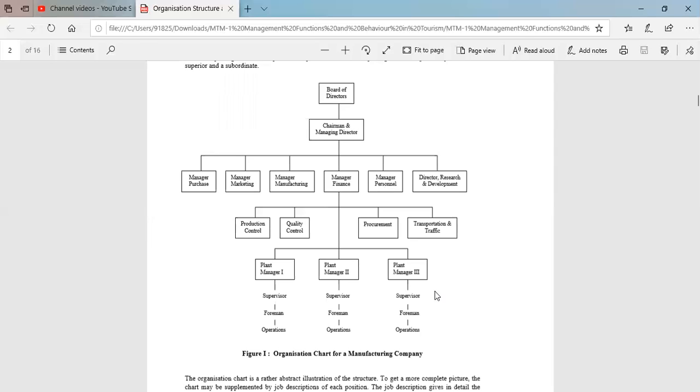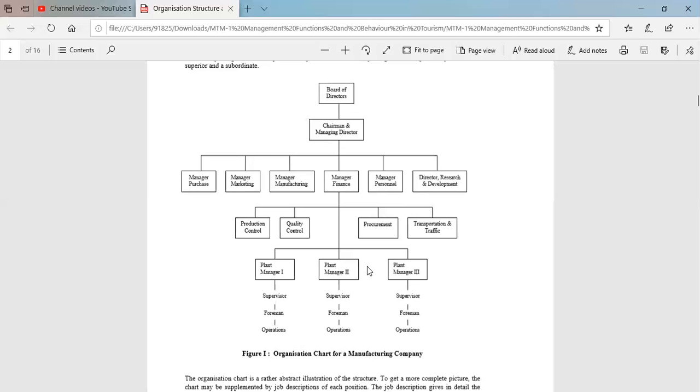So when you talk about the hotel, like chain hotels, like Radisson or Marriott or JW Marriott, at the top, they are the board of directors. After that, chairman and managing directors. And after that, these all are there. So they always sit in the headquarters. And the plant managers are like hotel managers, general managers.